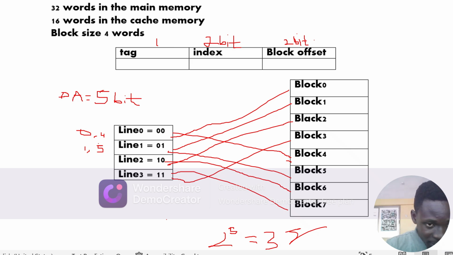And this one contains block 2, comma, 6. And this one also contains block 3, comma, 7. Block 3, comma 7.